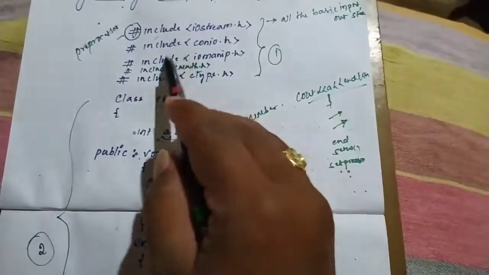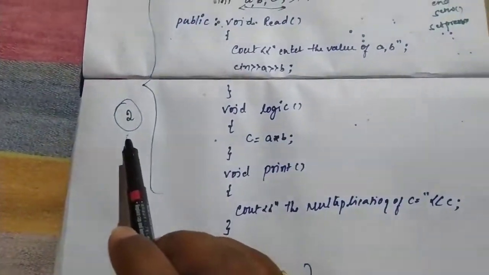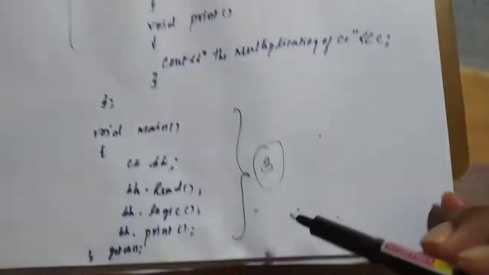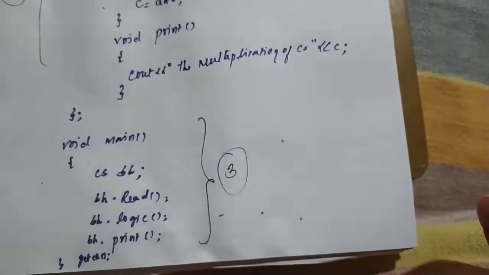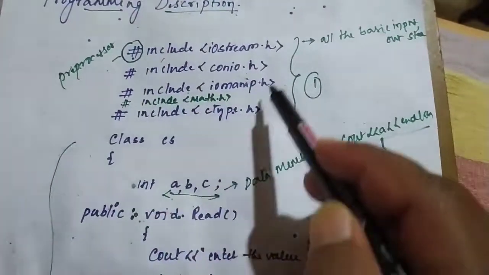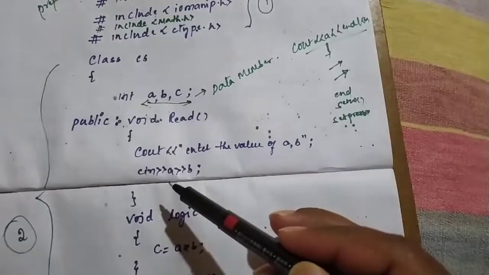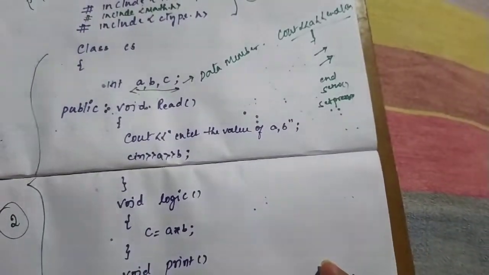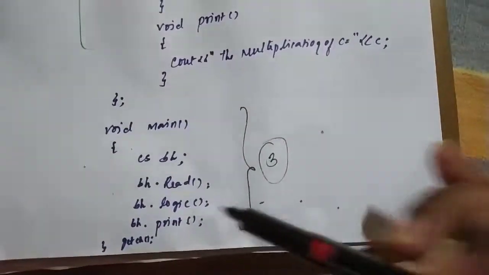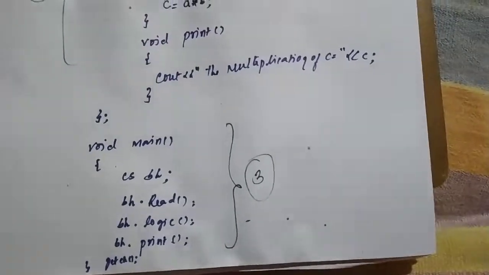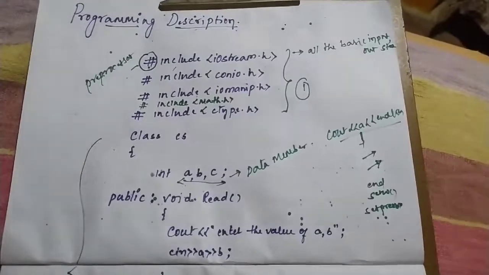The first one indicates library, the second indicates class block, and the third indicates main block. With the help of these library functions, we execute the input-output statements of the class block, and the member functions are executed with the help of the main block. Okay, one by one we will see.